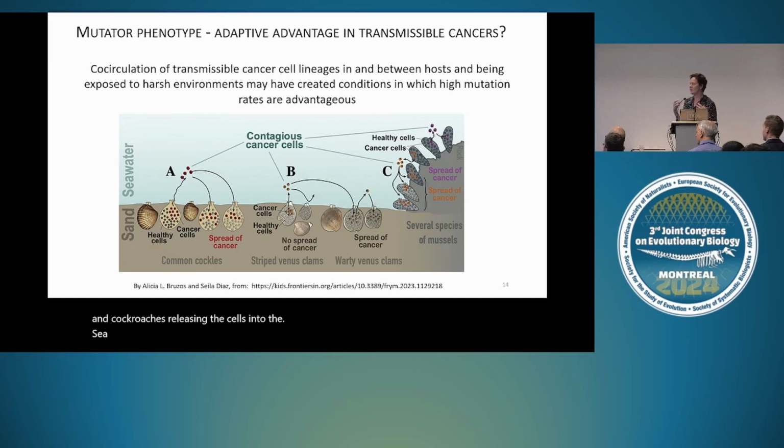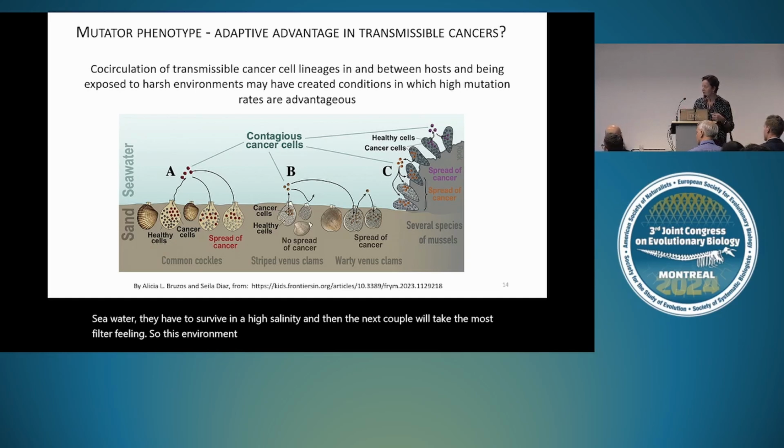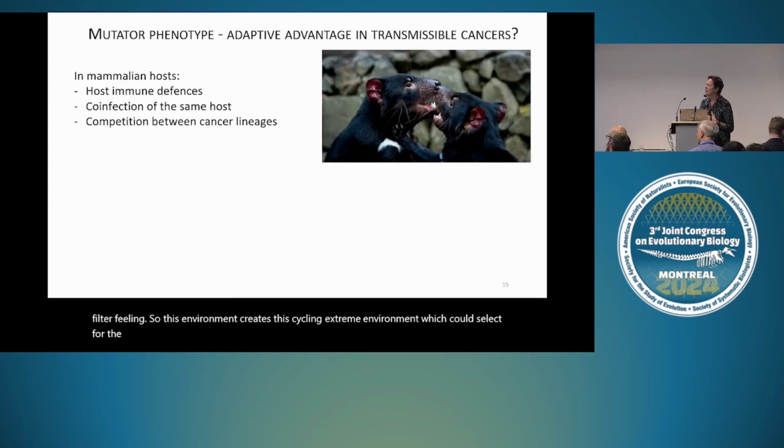They have to survive in high salinity, and then the next cockle takes them in as it filter feeds. So this environment creates a cycling extreme environment which could select for mutator phenotypes.